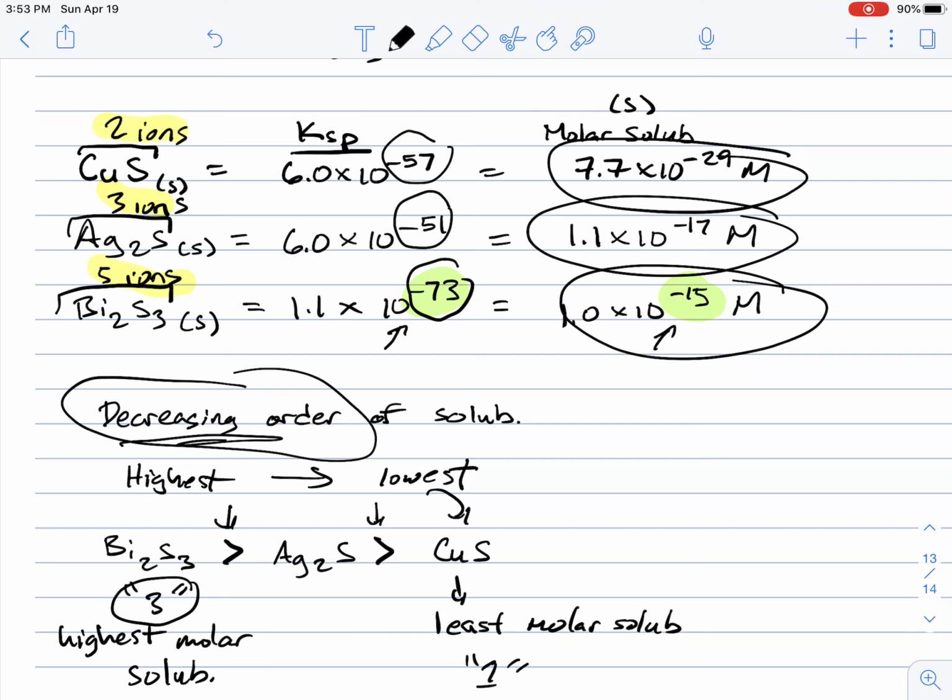But if the substances that you guys are comparing produce a different number of ions, then you guys have to perform the calculations and determine the actual value for the molar solubility.